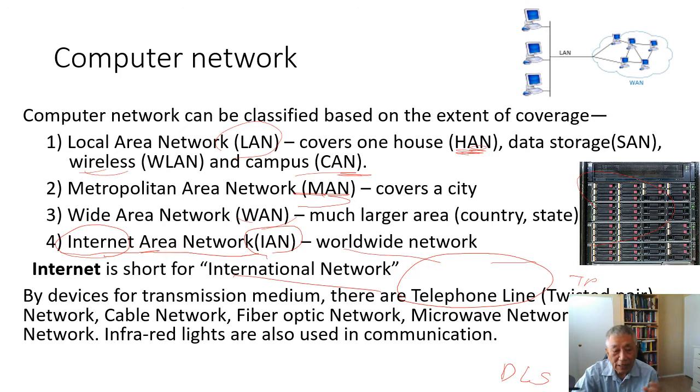So the connection medium is usually a copper line with some kind of shielding. Then cable network is a coaxial cable. A couple of pages later, I'll show some pictures. Then much faster is optical. It's more like glass or plastic, where light is moving around sending and receiving data.